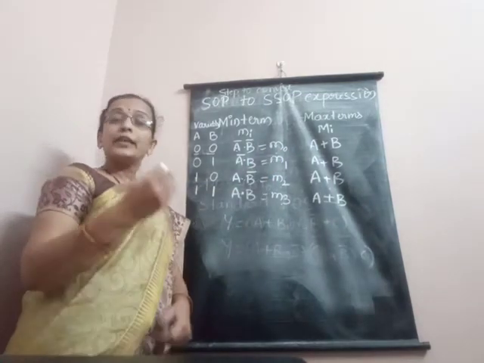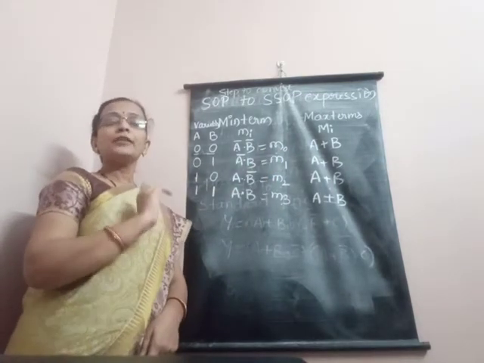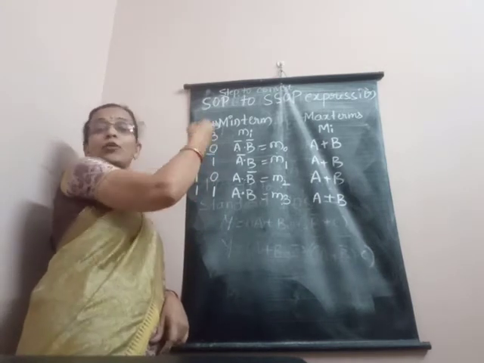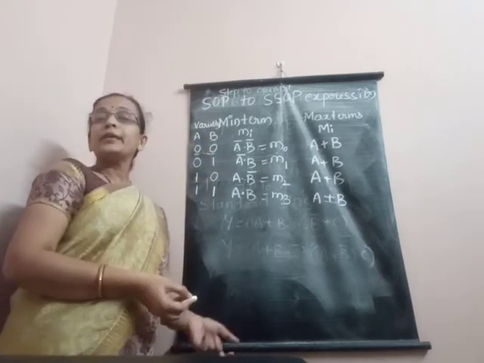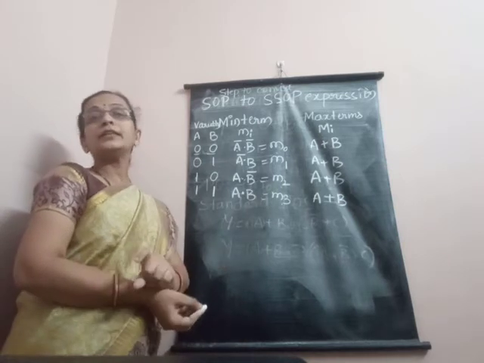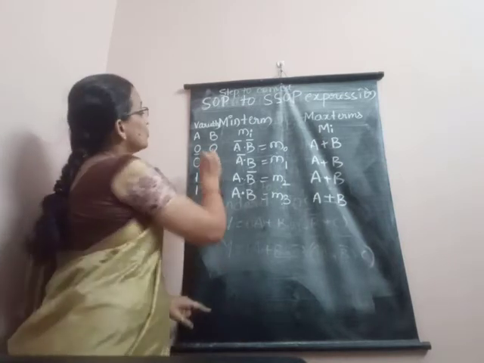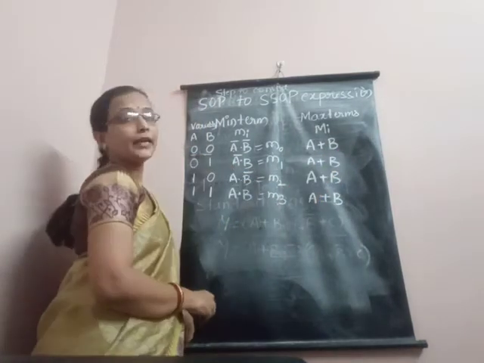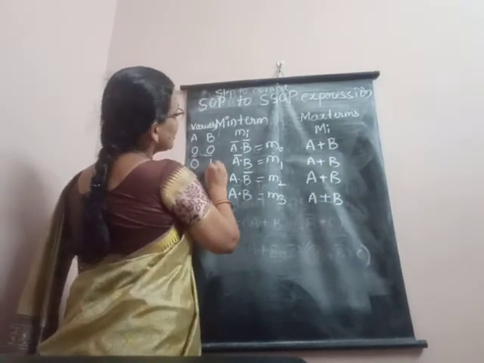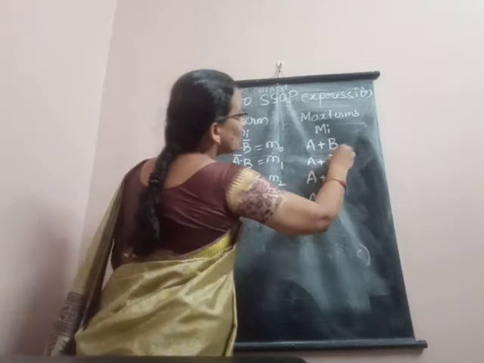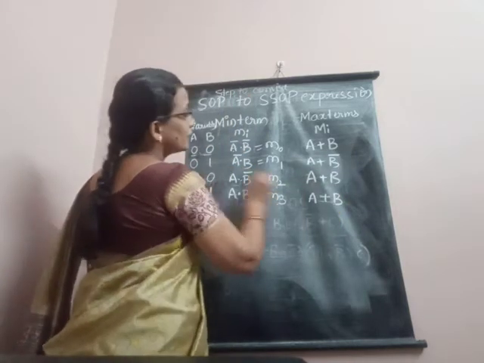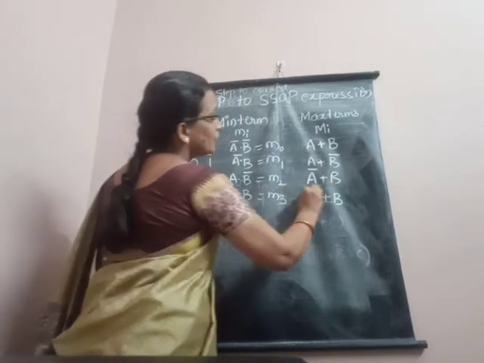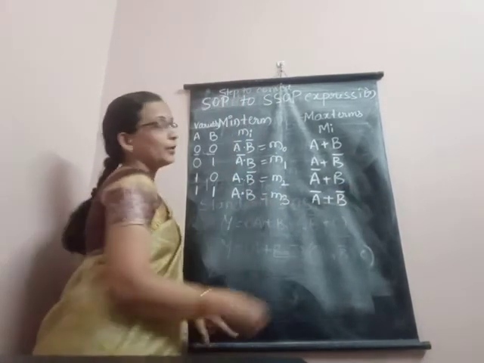In the case of max terms, a variable having logic 0 is represented in uncomplemented form and a variable having logic 1 is represented in complemented form. For 0, 0, I am not putting any complement on A and B. Here 0 and 1, so we put complement on B. Here A is 1, so I put complement on A. Here it is A bar, B bar.